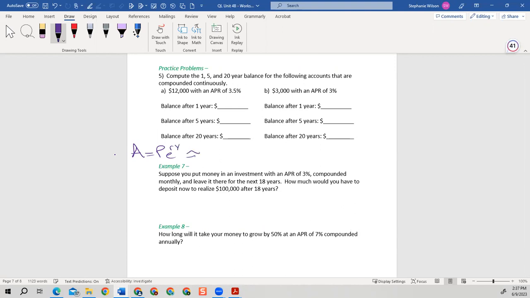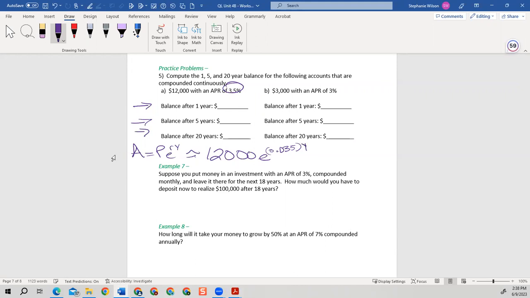Make sure I write it neat. So I got 12,000 E raised to, and I'm going to turn this to decimal. Take it out of percent. And it said that we're going to do it for 1 year, 5 years, and 20 years. So this Y is going to change.